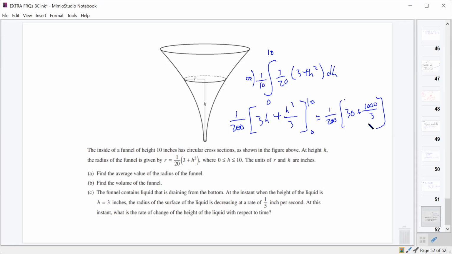And what does that come out to be? 30 plus 1,000 thirds, that's going to be 600, but I should do that. Looks like that comes out to be 109 over 60. Hopefully my arithmetic there is correct. I don't know if it says indicate units, but I'm going to put them there. It's inches.